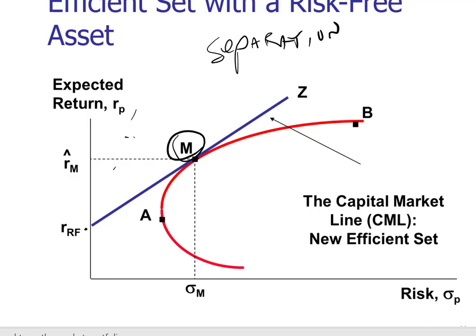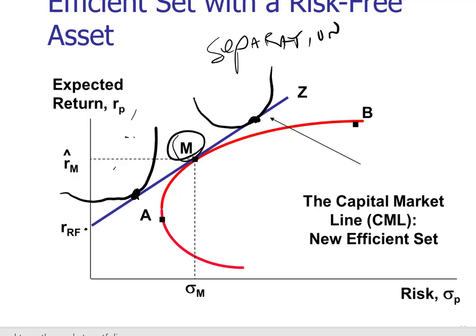If you are very conservative, again, your efficient frontier is this line, and you might want to buy this asset. So you're going to buy some Treasury securities, and you're going to buy some M. If you're very aggressive, and you're not very sensitive to risk, you might want to be up here.